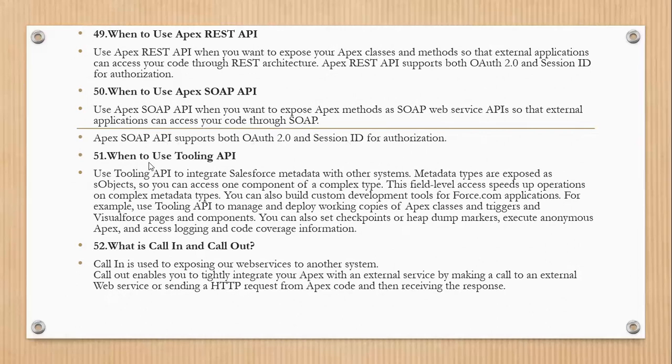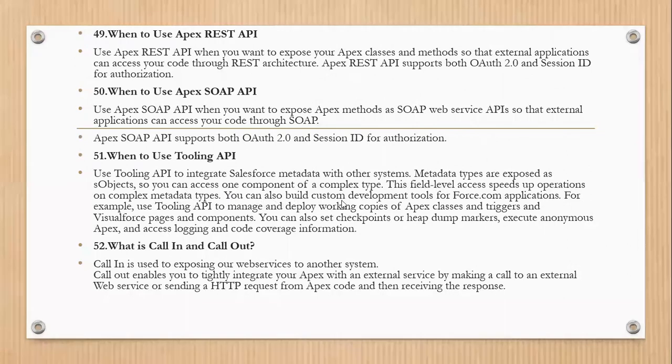Next question. When to use Tooling API? Use Tooling API to integrate Salesforce metadata with other systems. Metadata types are exposed as objects, so you can access one component of a complex type. This is field-level access, which speeds up operations on complex metadata types.